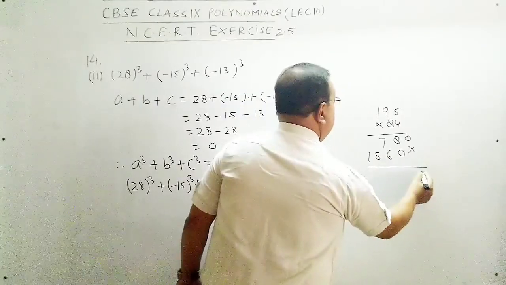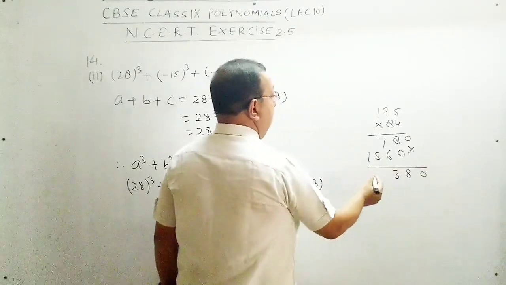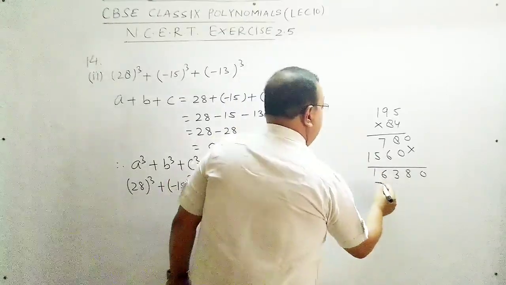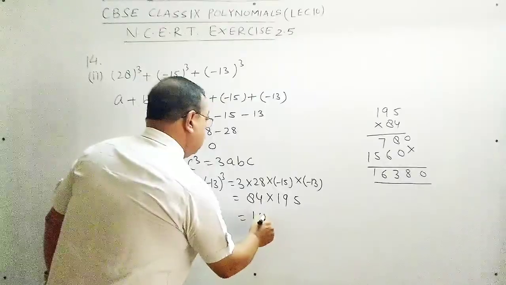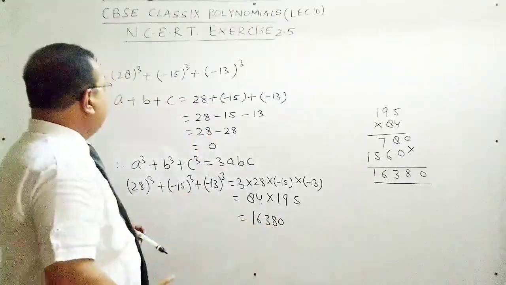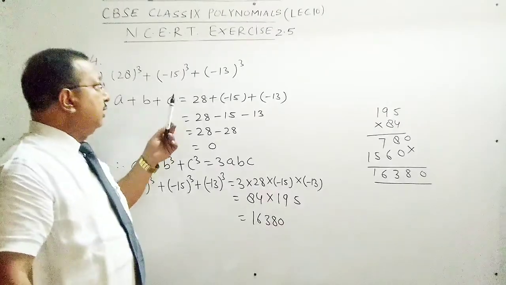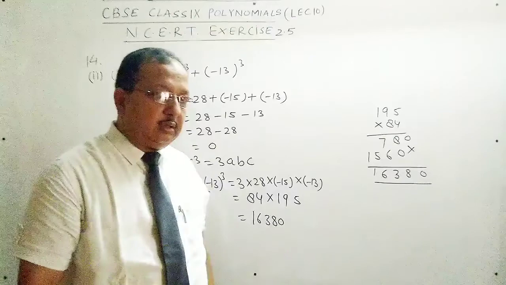Now add them: 0, 8, 7 plus 6 is 13, and 5 plus 1 is 6. 16380. So 28 cube plus minus 15 cube plus minus 13 cube is 16380.